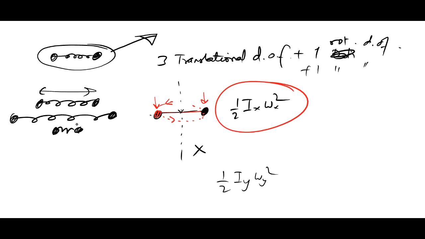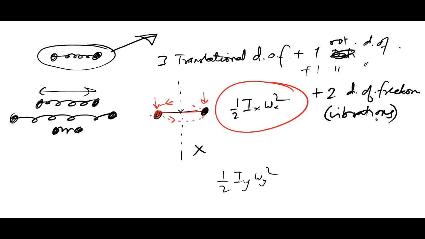So there is a kinetic energy and a potential energy associated with the vibration of this spring, and those are obviously independent of each other. So you get two terms, two degrees of freedom. One is kinetic and one is potential. Those correspond to vibrations.